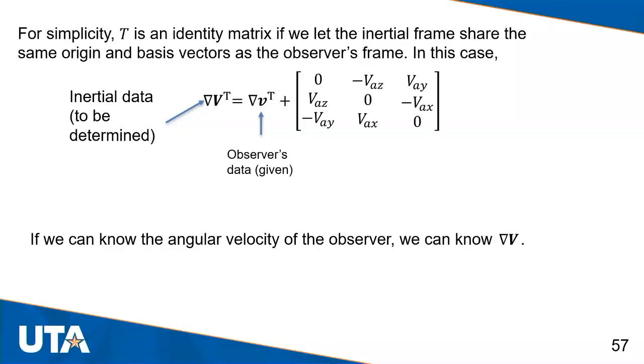The gap is the observer's angular velocity measured in the inertial frame. So if we can determine this angular velocity from the observer's data, then we solve the problem. So that's the general idea.